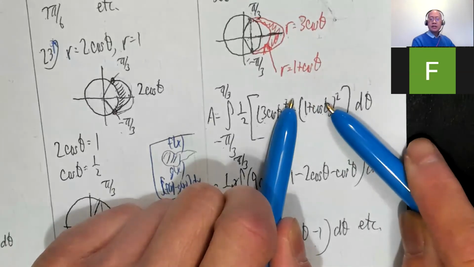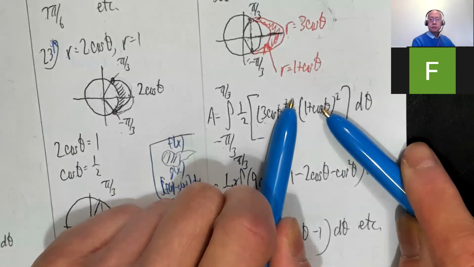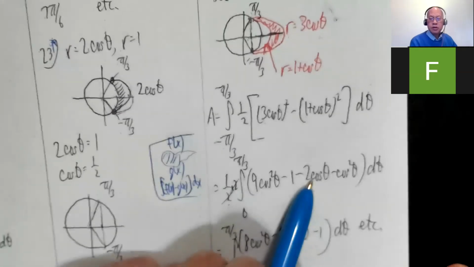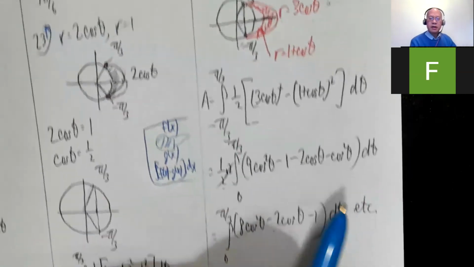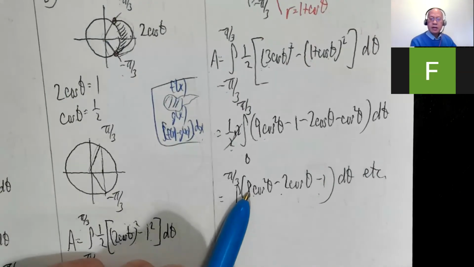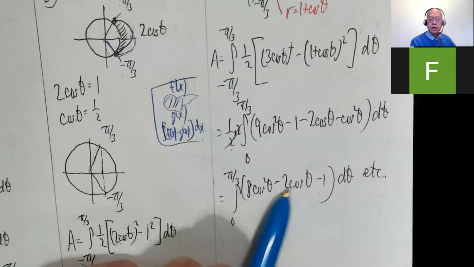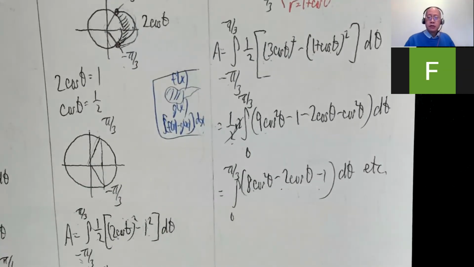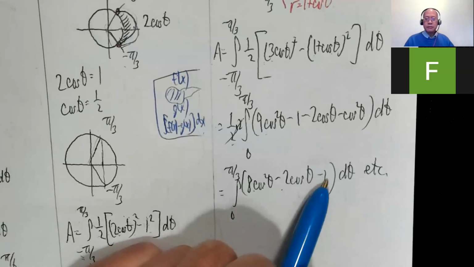If I square this, everything is positive. The minus in front means make everything negative. So -1, -2 cosine theta, minus cosine squared theta. So that comes out to be the integral of 8 cosine squared theta, -2 cosine theta, -1 d theta. And then I just said, et cetera, after that. You guys take it from there. That should be easy.